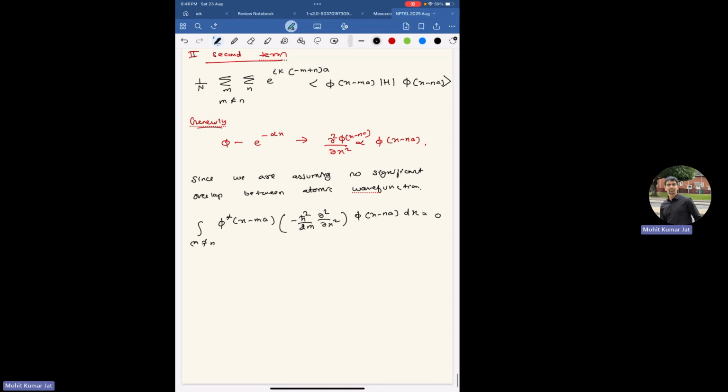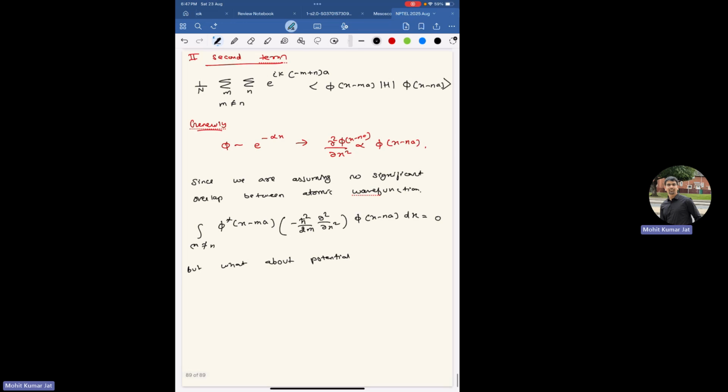But what about the potential term? Since the potential is significantly high in this region, the delta Vx is not 0.